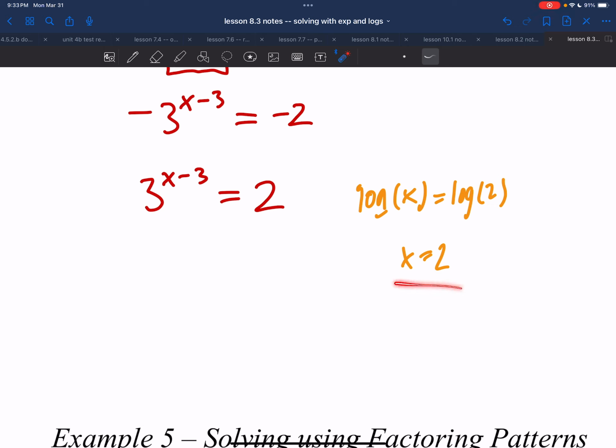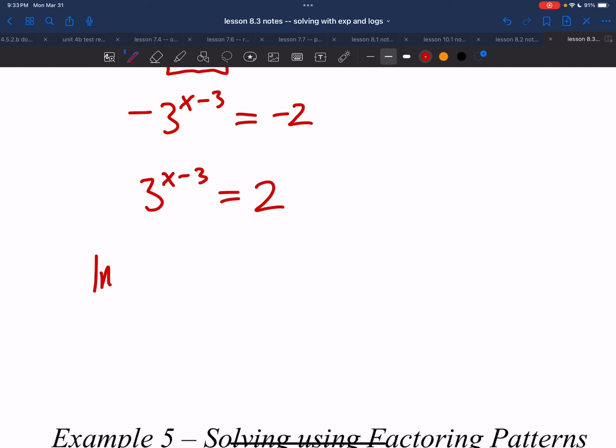But if x equals 2, it is true that log of x equals log of 2. And so what taking the log of both sides really means is applying the logarithm. So I'm going to use natural log here. Natural log of 3 to the x minus 3 equals natural log of 2.